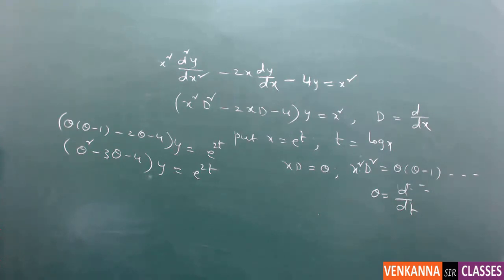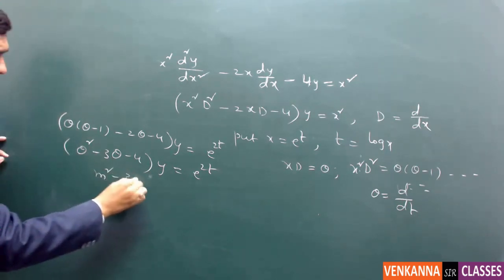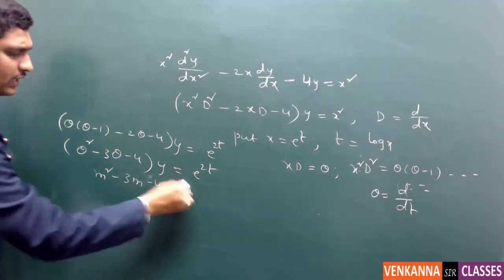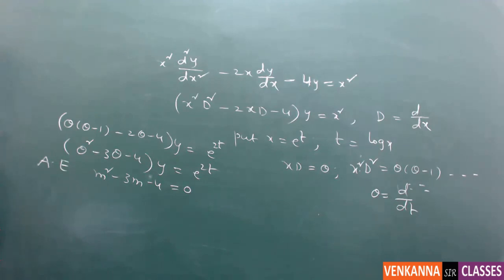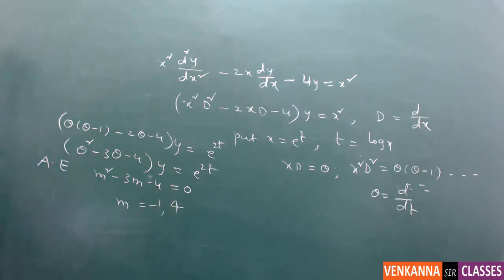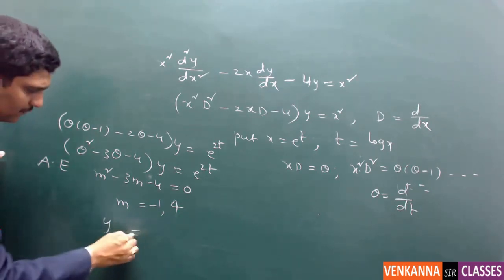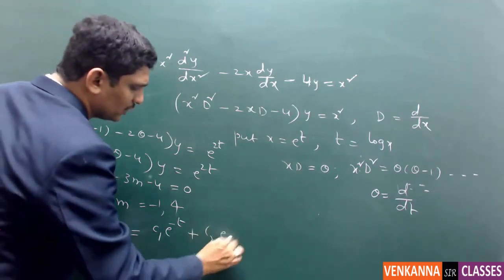Right. So finding the roots is as usual. We mentioned that m square minus 3m minus 4 equal to 0 is the auxiliary equation. So m equals to minus 1 comma 4. Hence the corresponding yc is given by c1 e power minus t plus c2 e power 4t.